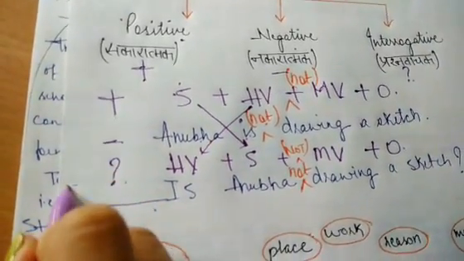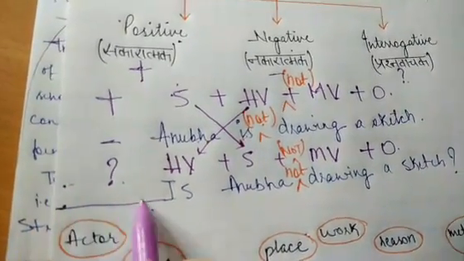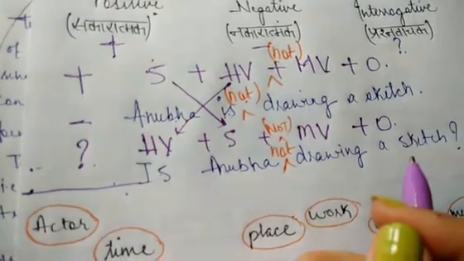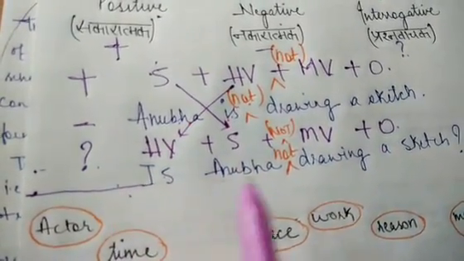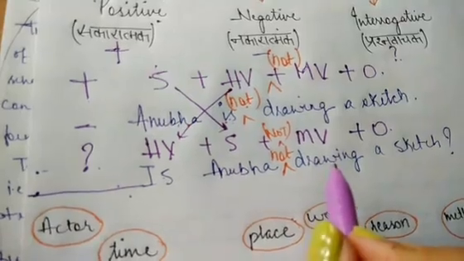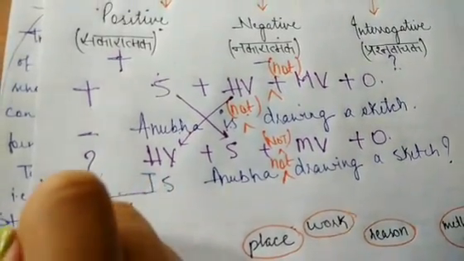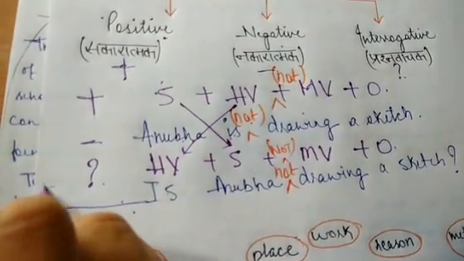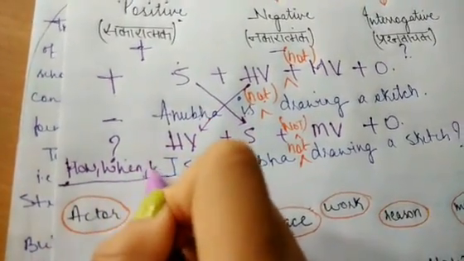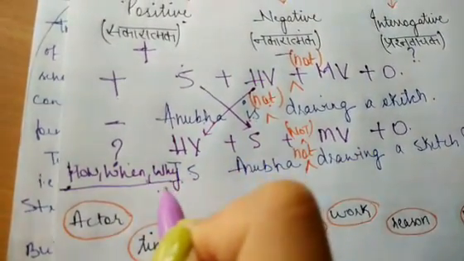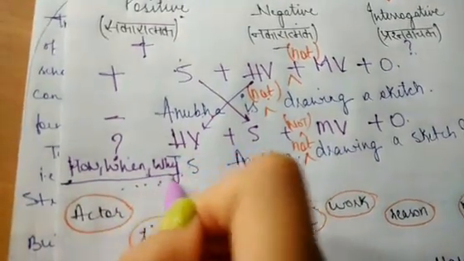Why is Anubha not drawing a sketch? When is Anubha drawing a sketch? How is Anubha drawing a sketch? Please remember, all the interrogative words are added in the beginning of a sentence. How, when, why, and so on.